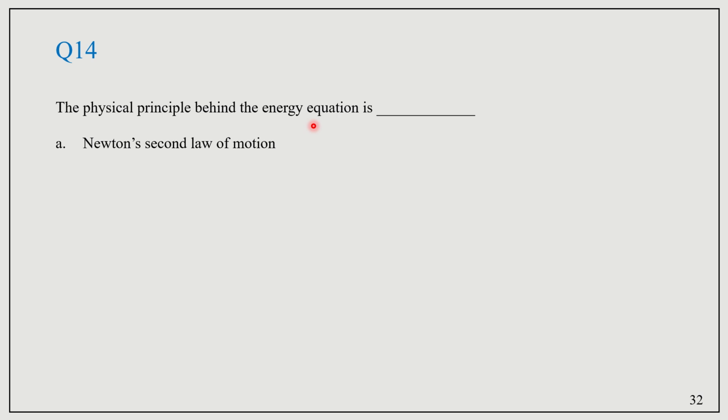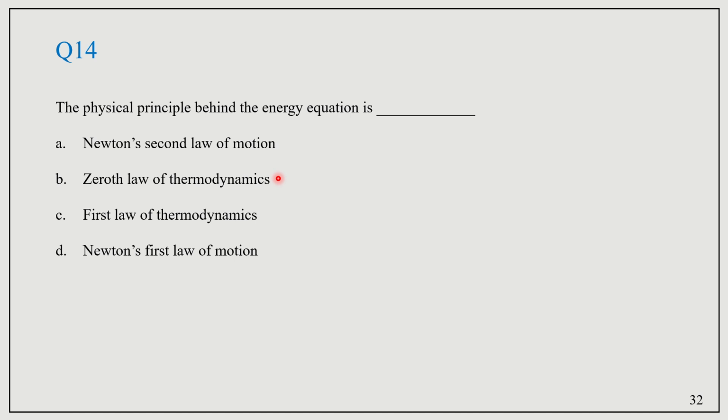Option A, Newton's second law of motion. Option B, zeroth law of thermodynamics. Option C, first law of thermodynamics. Option D, Newton's first law of motion. So the options given are Newton's second law of motion, zeroth law of thermodynamics, first law of thermodynamics, and Newton's first law of motion.